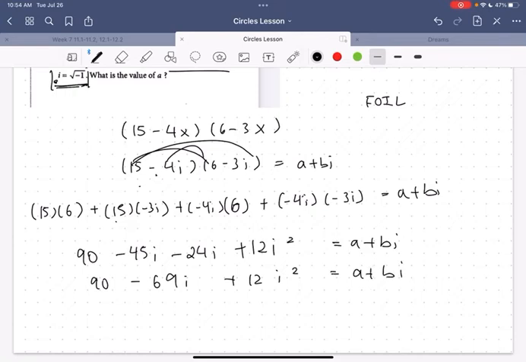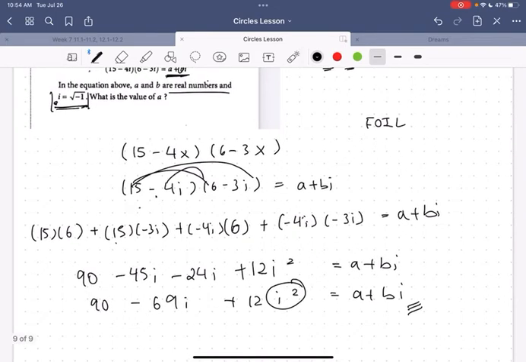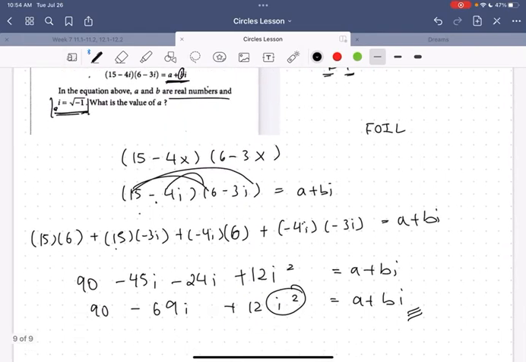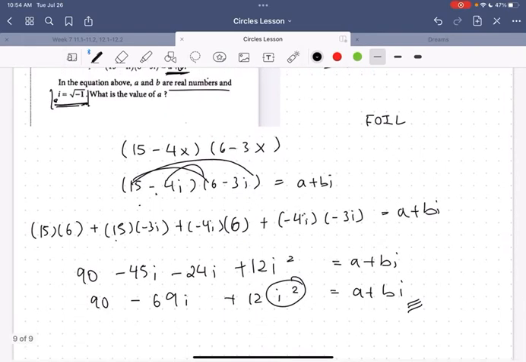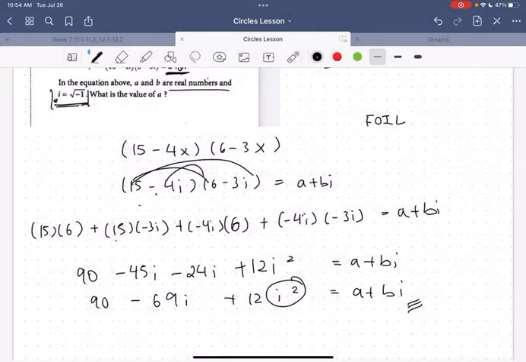At this point, it doesn't look like what we have here. We have this i squared. Now we can substitute this i squared for -1 like we talked about earlier, or if you want to just use information given here, we'll substitute the i for root -1 first. So 90 minus 69i plus 12 times root -1 squared equals a plus bi.